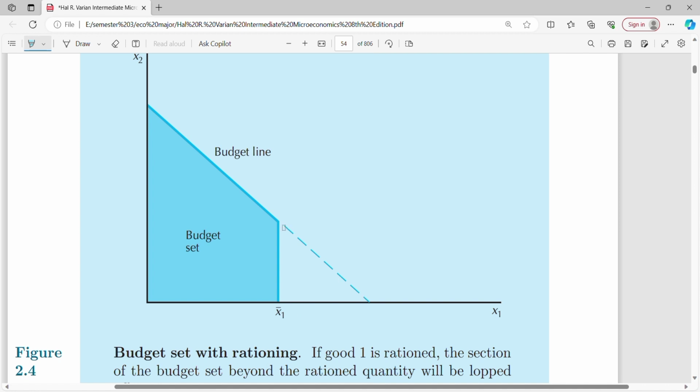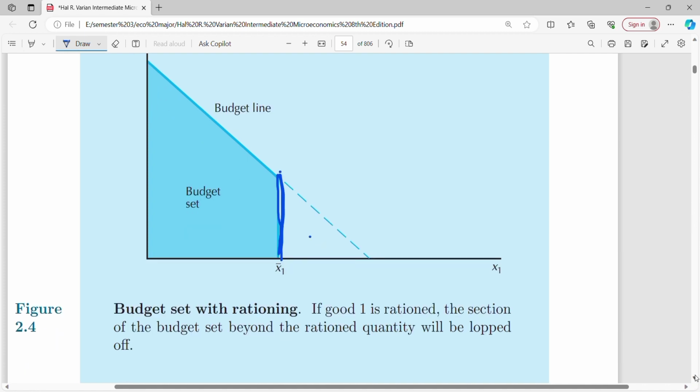That's why a cut happens here. So after this particular point, the consumers were not allowed to consume butter. That's why the budget line just stops here. This part is lopped off.